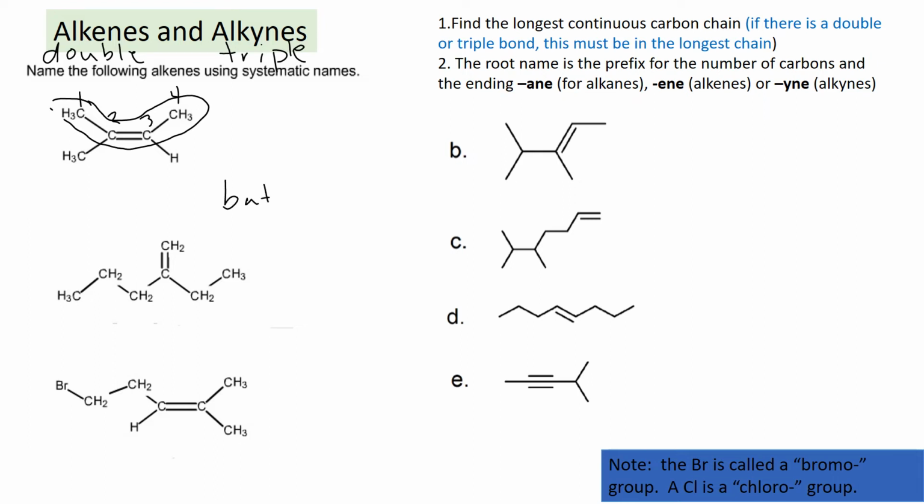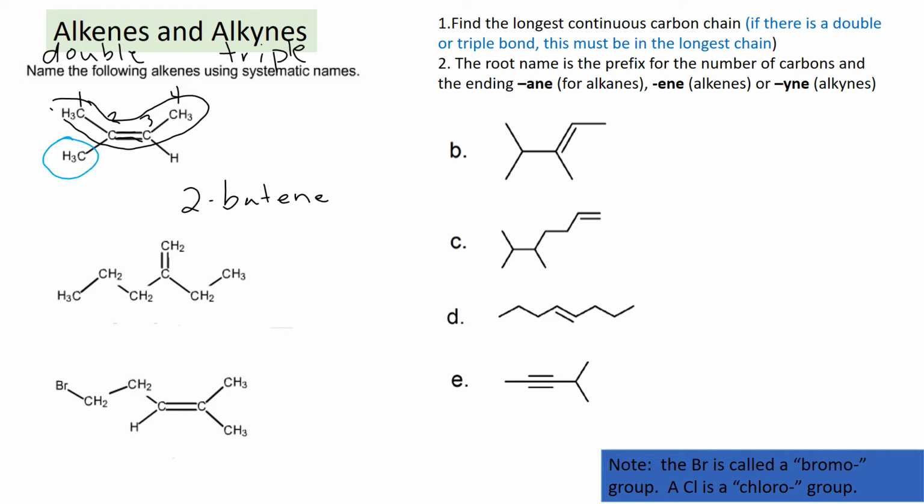So this is butene, E-N-E, butene. And we also need to identify where the double bond is. And so you can see the double bond is between carbon 2 and 3. And so we're going to call that 2 using the lowest number. So this is 2-butene.